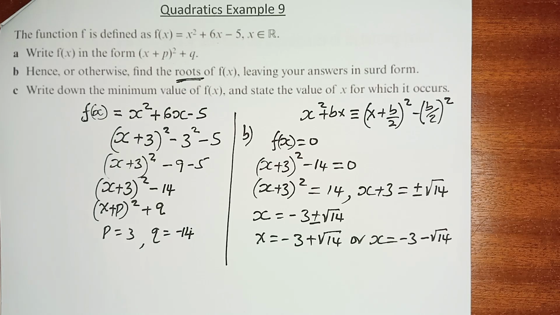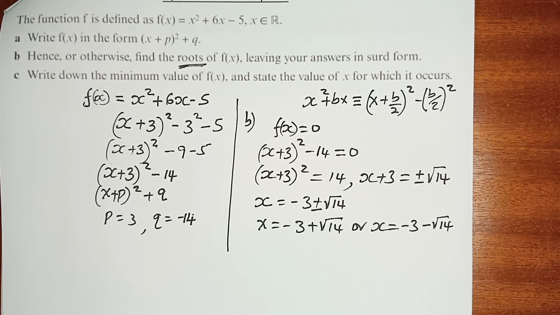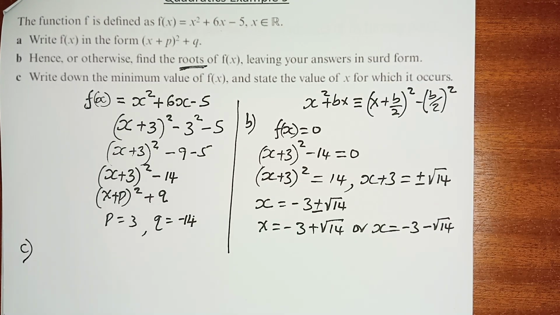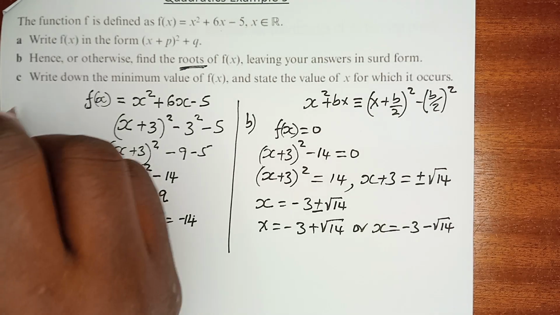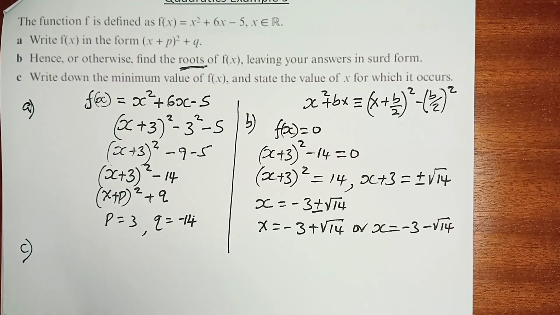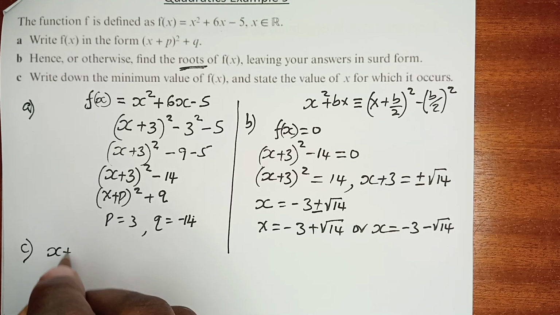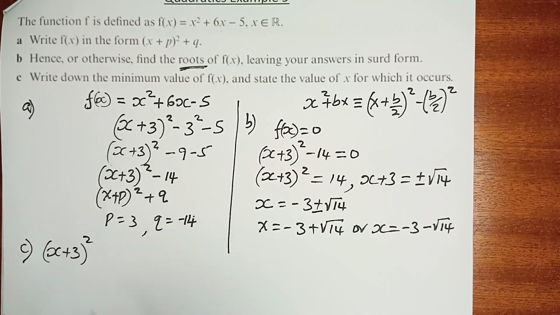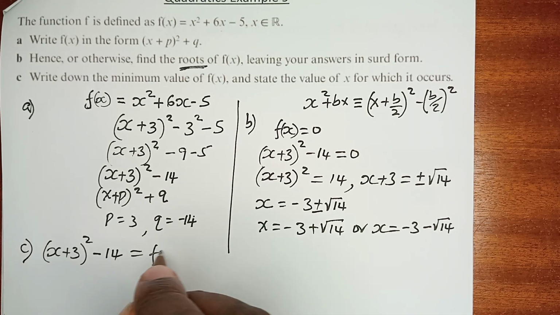As we attempt now to answer part C, if we use what we found in part A, the minimum value of f(x), meaning that (x + 3) squared minus 14, that is now f(x).